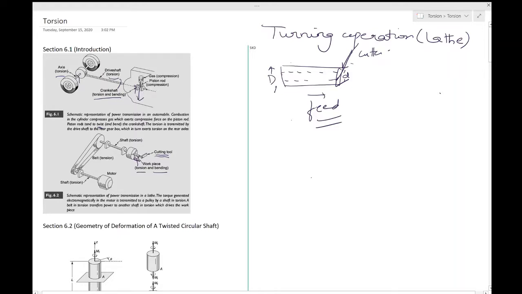So anyways, the idea is that this rotates because this shaft rotates. Again, rotation automatically means torsion. And this shaft rotates because this wheel rotates, and then this rotates because there is this belt which is in tension.